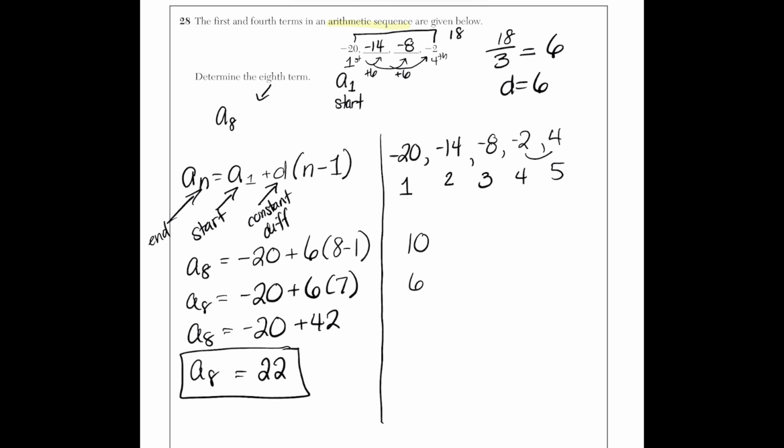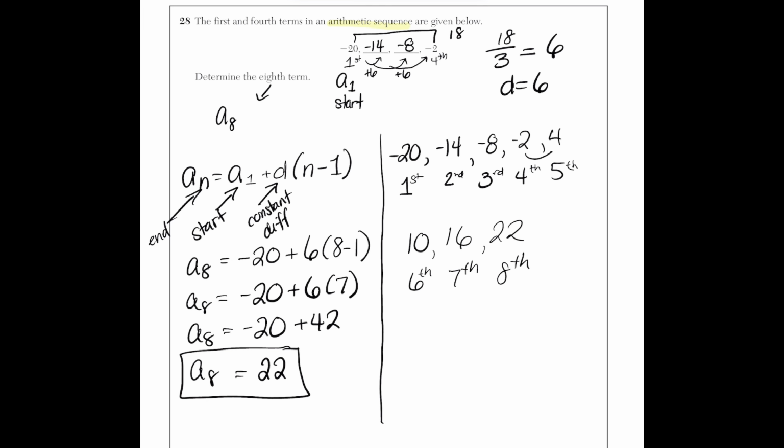That's the sixth term. So you could figure this out by just keeping the pattern going. 10 plus 6 is 16. That will be the seventh number. And 16 plus 6 is 22. That would be the eighth number.